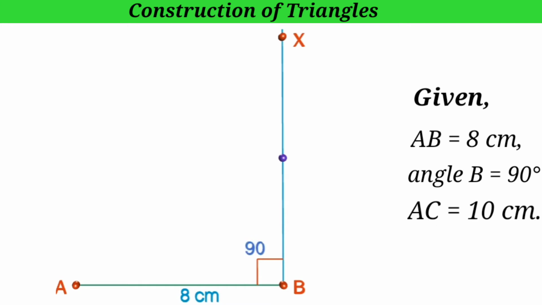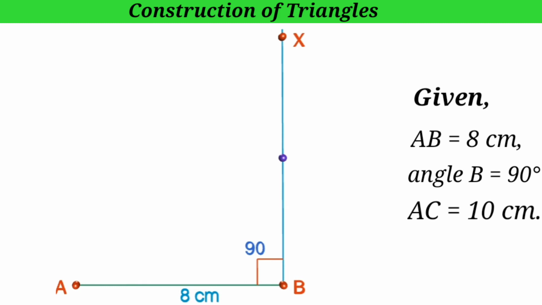So next AC is equal to 10 centimeters, he has given. So with the help of the compass, take the compass and measure the radius between the two hands of the compass to be equal to 10 centimeters. So place one hand of the compass at the 0 and the other hand at 10.